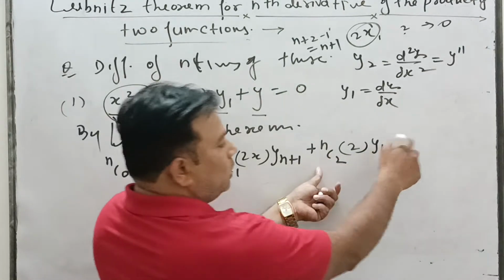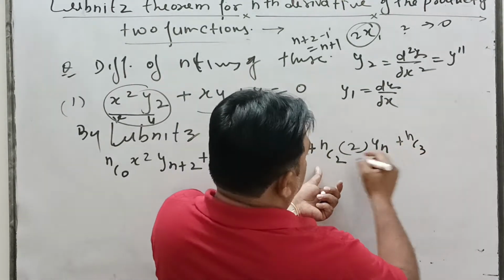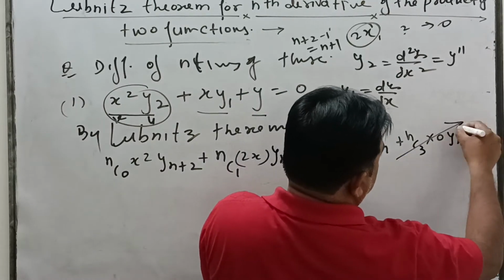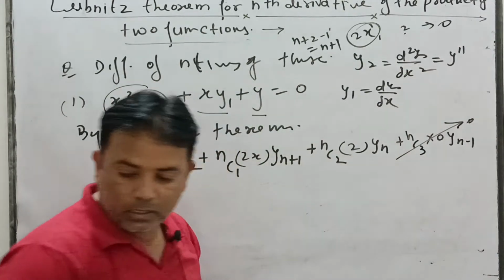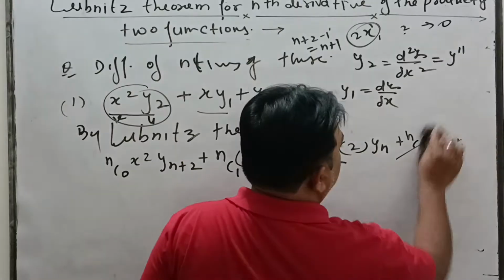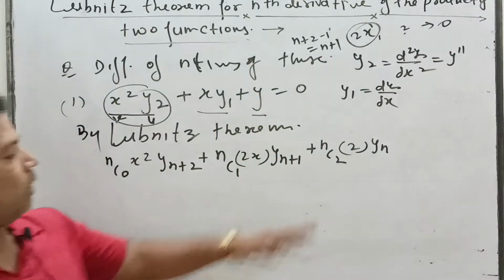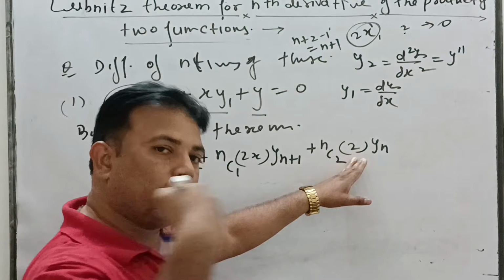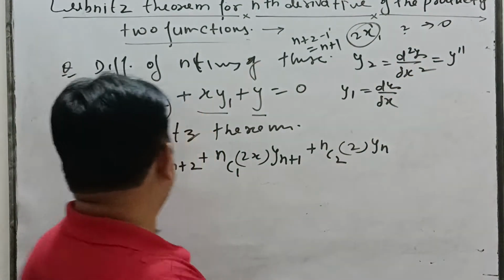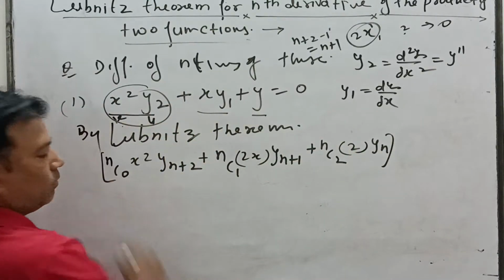Next nC3, but differentiation of 2 is 0, so this term will be 0. Other terms will also be 0, so we apply the Leibniz theorem only up to this term.